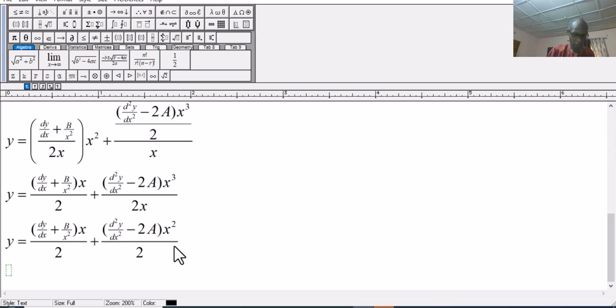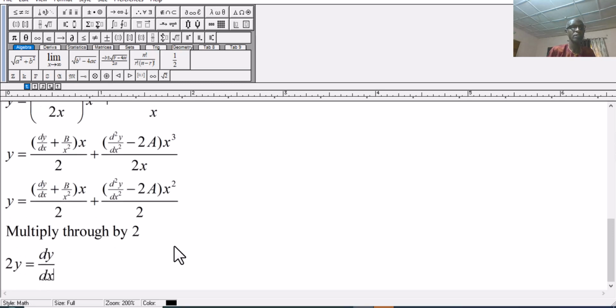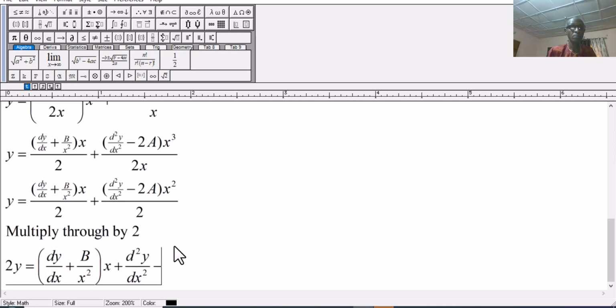So you have 2y equals dy/dx plus b over x squared, plus d2y over dx squared minus 2a, times x squared.